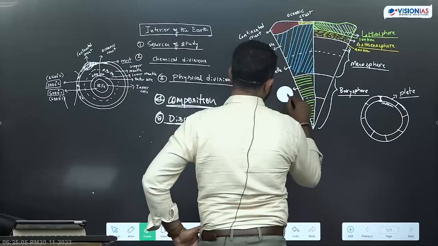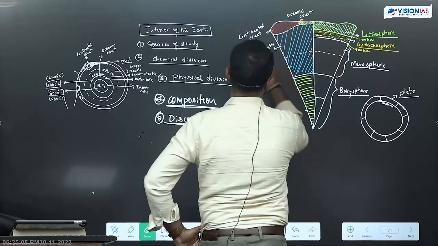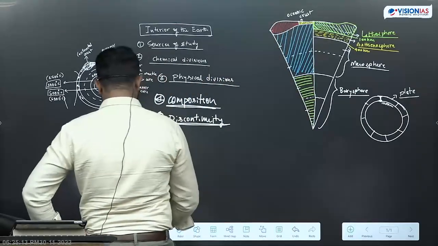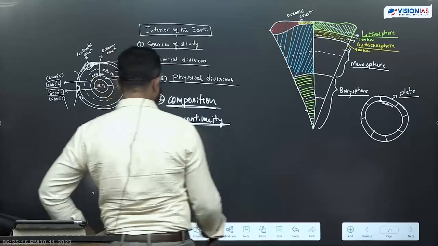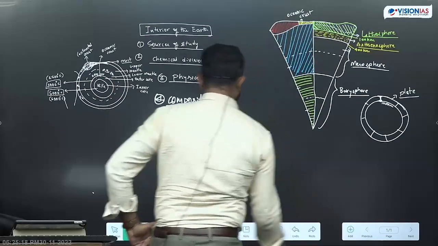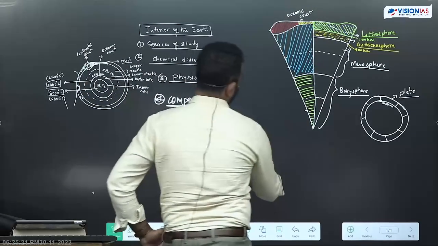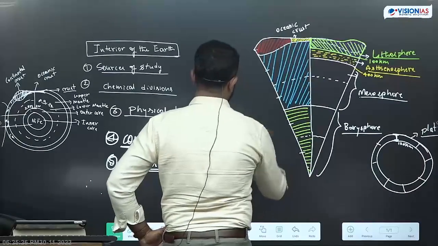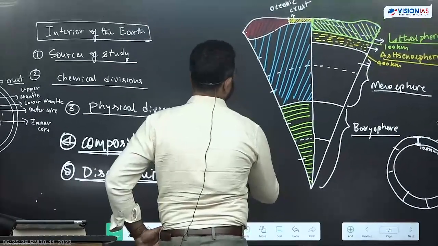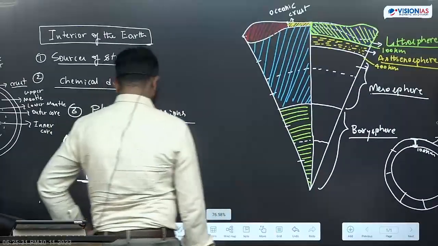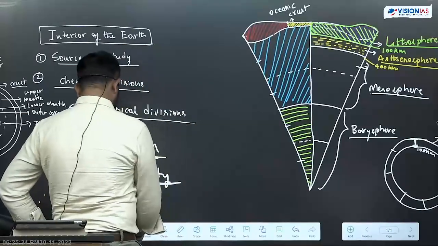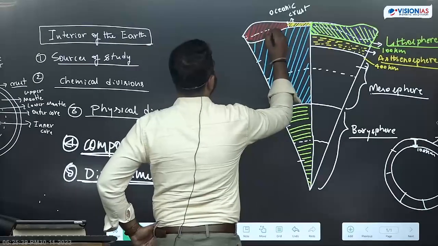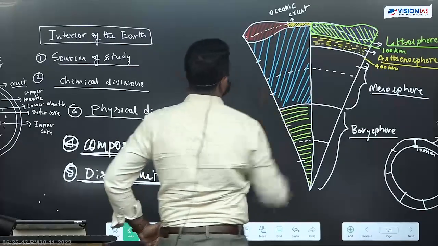So what are the different discontinuities which we can identify? There are 5 major discontinuities. You have to remember which one comes where. The first discontinuity in fact exists within the continental crust itself.